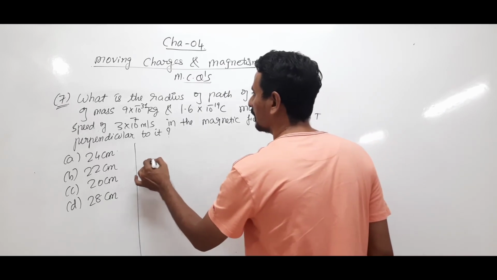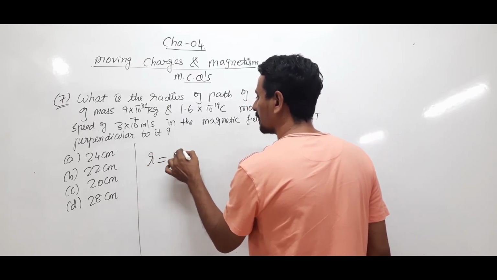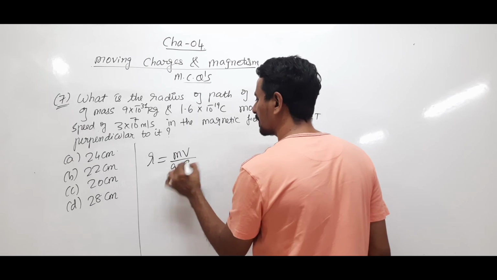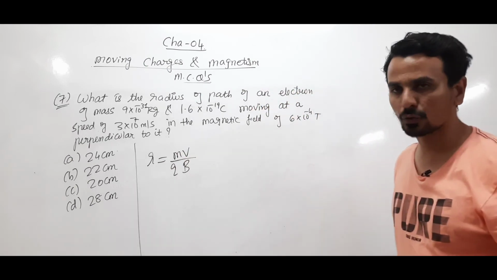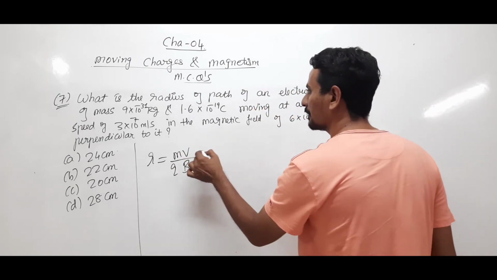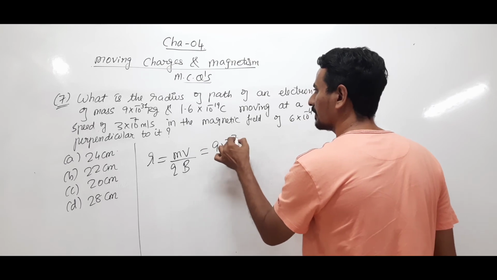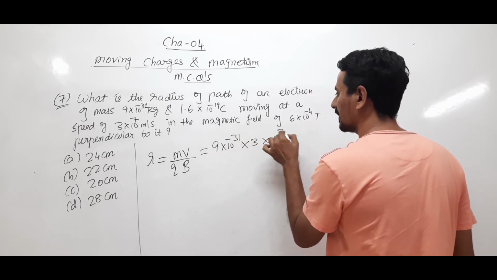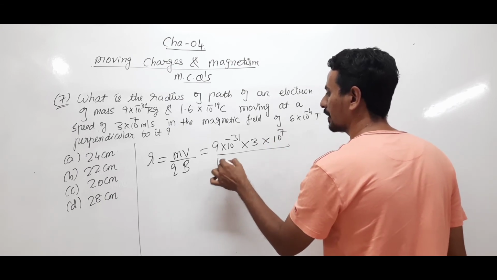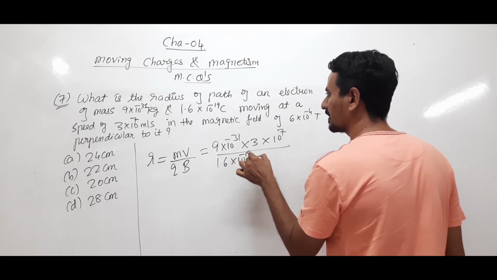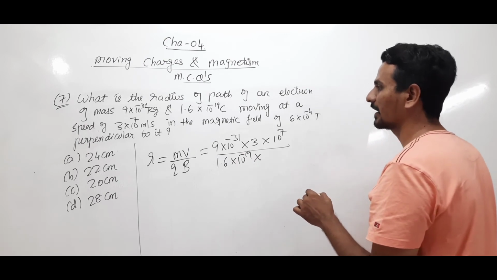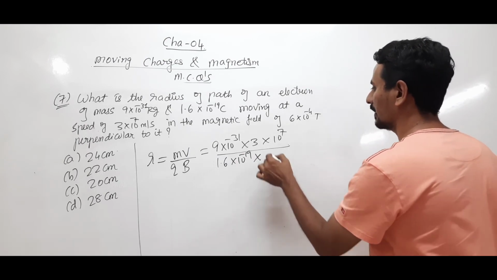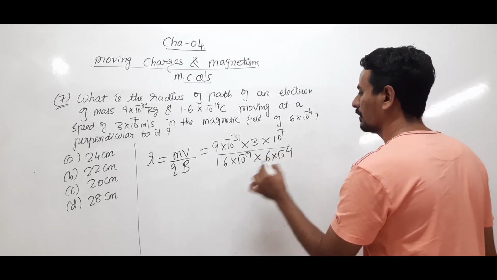So radius of the path is given by mv by qB. This you must have learned in the topic cyclotron. So mass is given as 9 into 10 raised to minus 31. Velocity is given as 3 into 10 raised to 7, upon charge 1.6 into 10 raised to minus 19, and magnetic field 6 into 10 raised to minus 4.